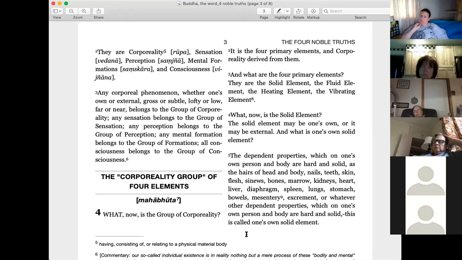I tried to simplify a lot of that here so that there's still some repetition, but not nearly the amount that you would see in the actual sutra.